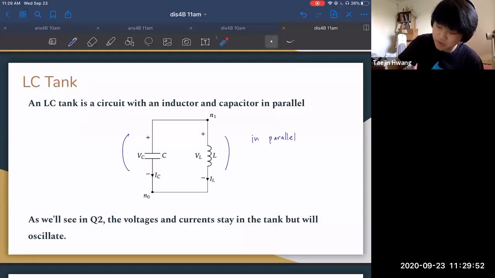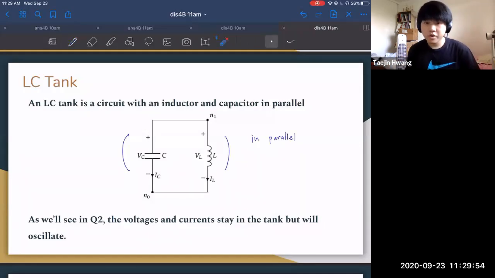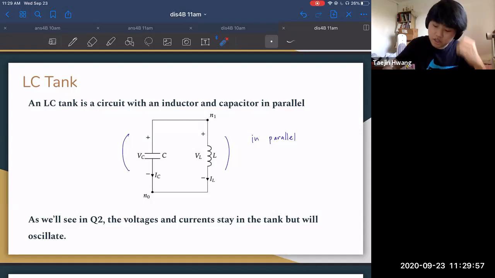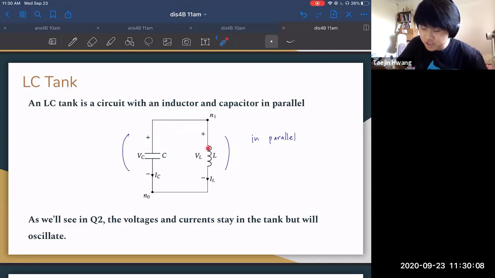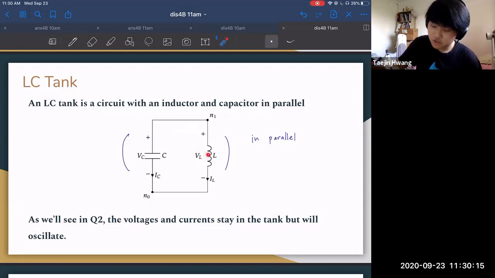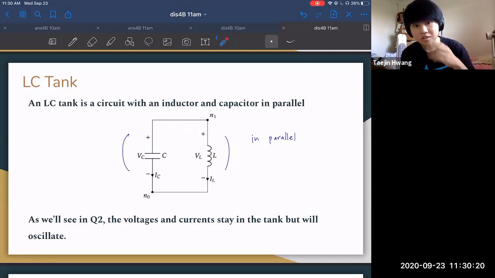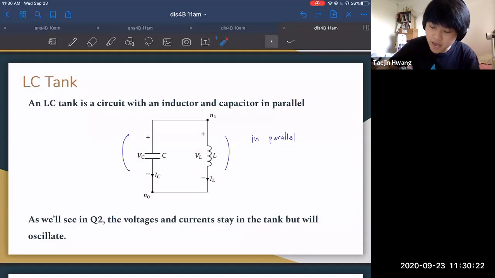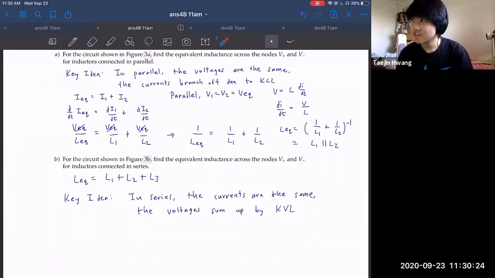What we're going to see is that the charge on the capacitor is going to move to the inductor as flux. Once the inductor becomes charged with magnetic flux, it will go back to the capacitor. So they'll keep going back and forth, and we can use math to show why that is the case.